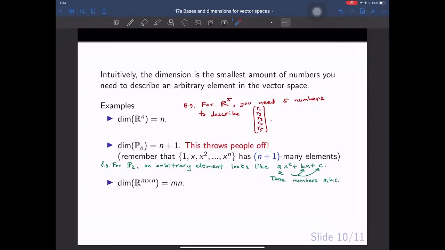So you need m times n numbers to describe each matrix. For example, for the size 2 by 3, an arbitrary element looks like a matrix of size 2 by 3, and you need 6 entries. So you need 6 numbers at the minimum to describe an arbitrary element in this vector space.